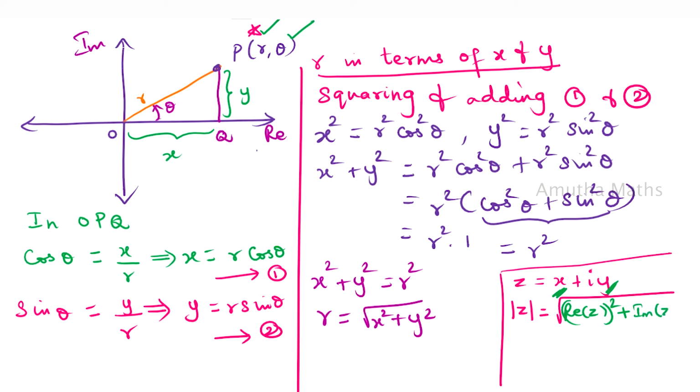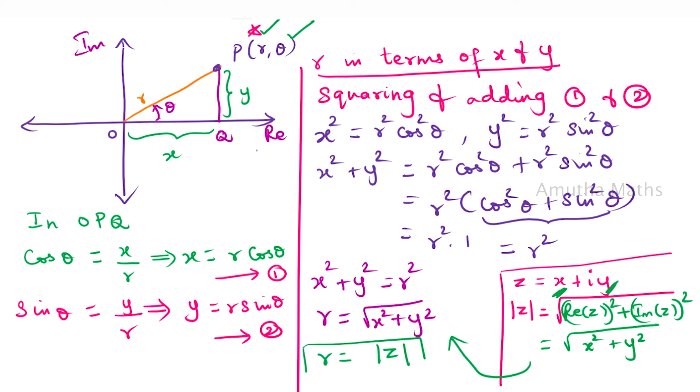So what will you get? That is equal to root of x square plus y square. So can I write here root of x square plus y square as modulus of z? Yes. So r is equal to modulus of z.